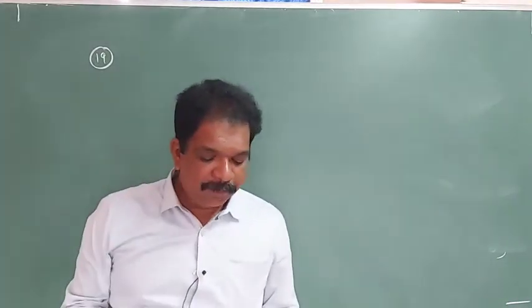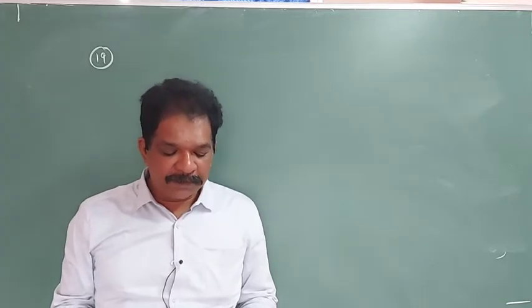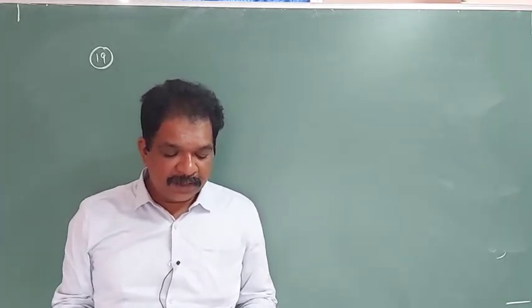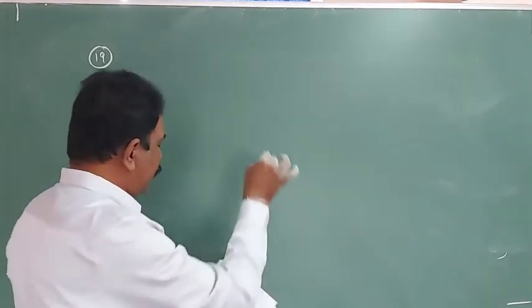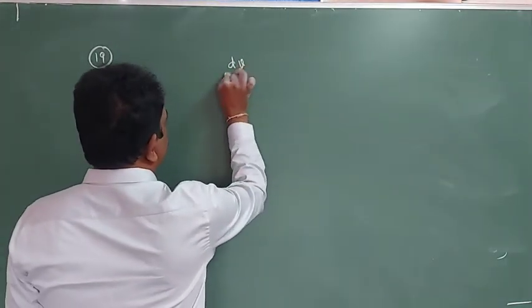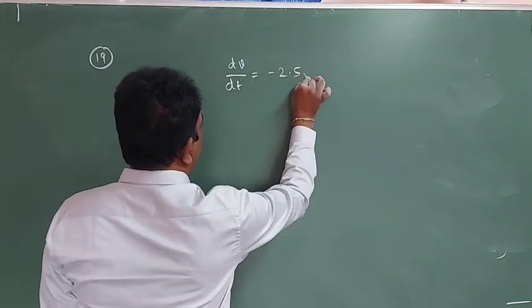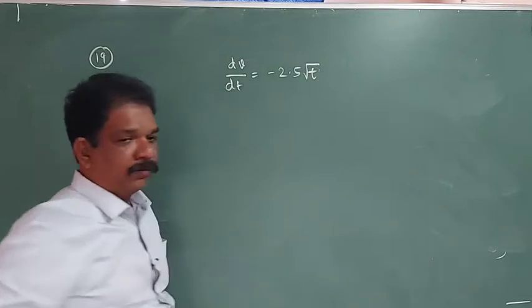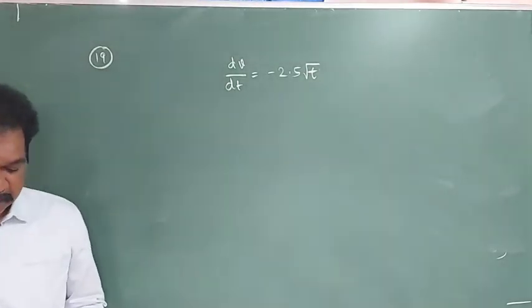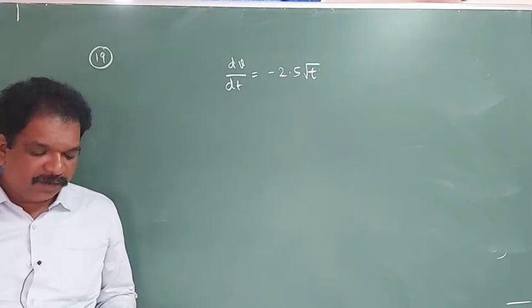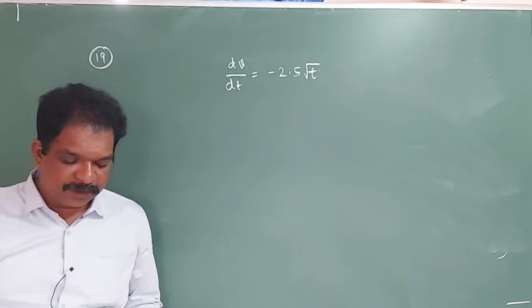What they are mentioning? An object moving with speed of 6.25 meter per second is decelerated at a rate dv by dt is equal to minus 2.5 root v. With this it is decelerating. Then the time taken by the object to come to rest is how much?